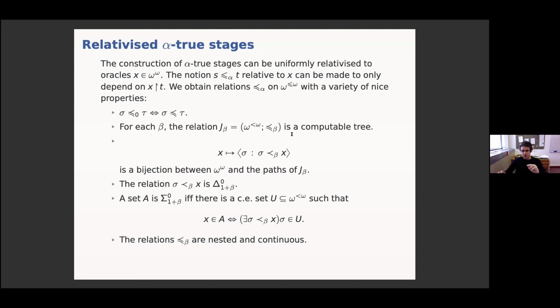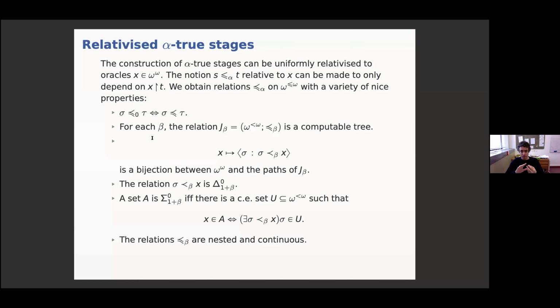And moreover, when we just restrict ourselves to finite strings and look at these relations appear beta true at a later string, this is a nice structure. It's computable uniformly, and the ordering is a tree, not a tree in the sense of an actual subtree of Baire space, but a tree in the sense of graph theory, that this relation is a partial ordering, which is a tree.